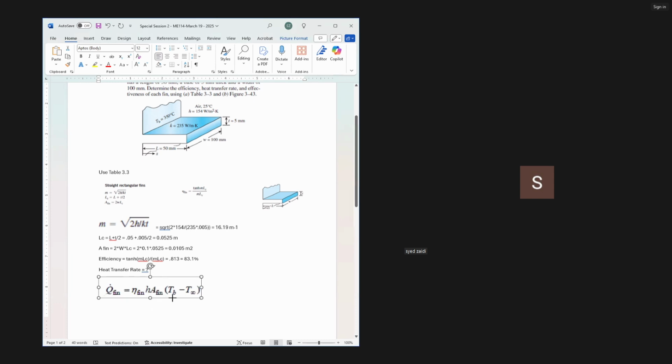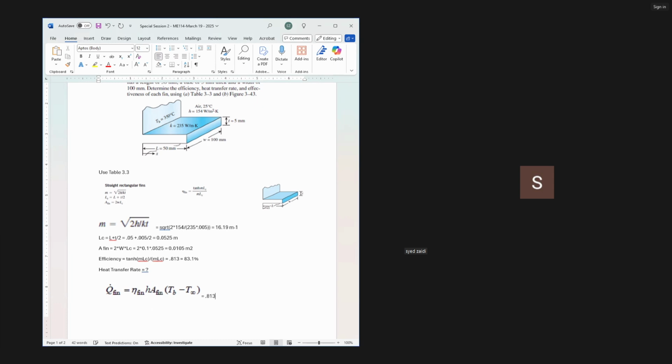But obviously it should be h times area of fin multiplied by T_b minus T infinity, base temperature minus infinity. But we multiply it by the efficiency of the fin, because if we put Q dot without efficiency, it simply assumes that it is 100% efficient. And it is not. In our case, it's 0.83. So you have to put the values there and multiply.